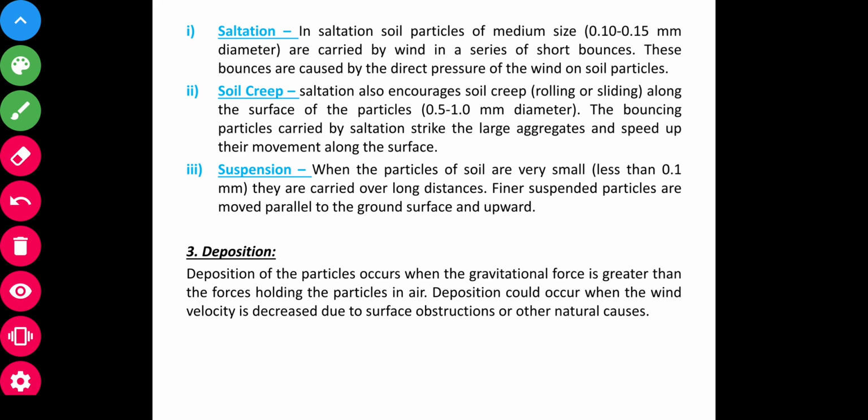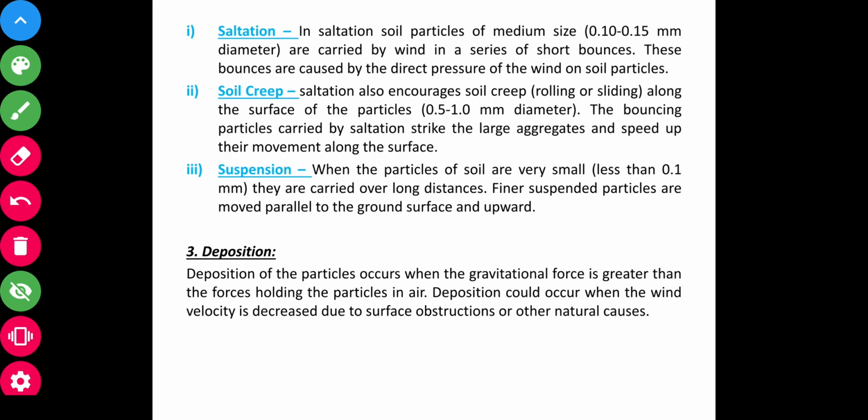Now, the suspension of soil particles takes place when the particle size is less than 0.1 mm. When the particle size is less than 0.1 mm, that time the movement of soil particles is completed by suspension.